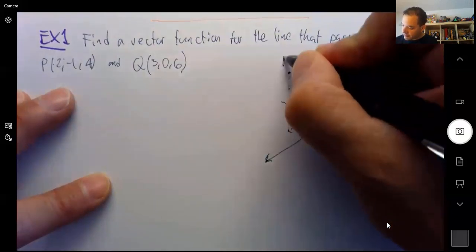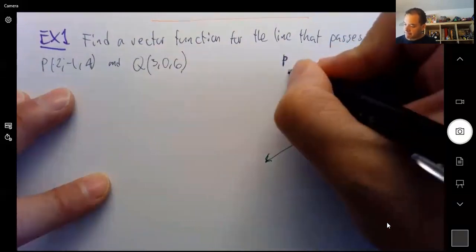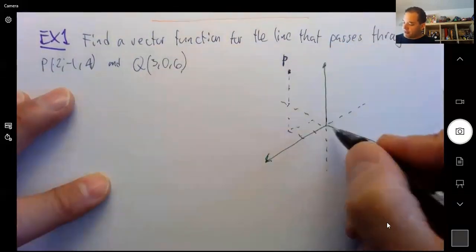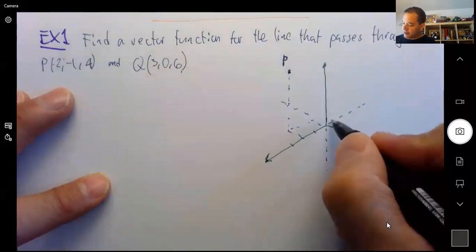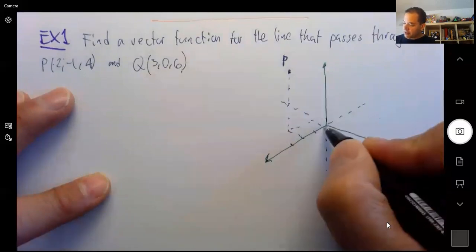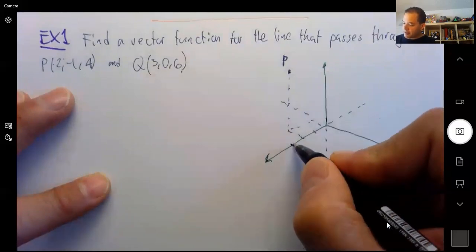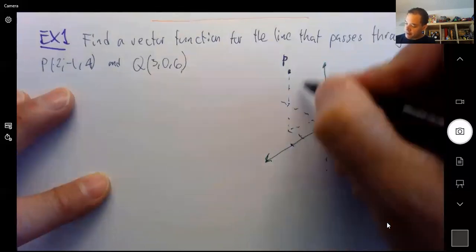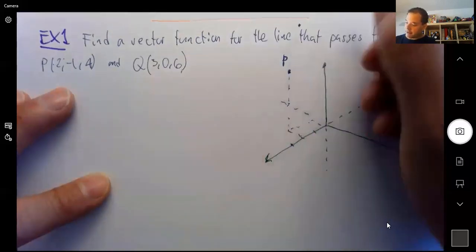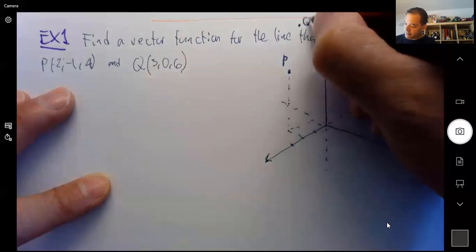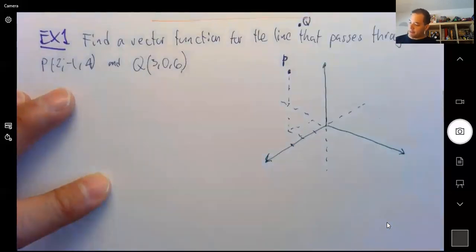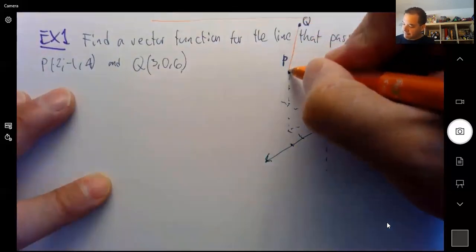So P is over here. Q is 3 units in the X direction, 3 here, 0 in the Y, nothing, and then 6 up. Okay, my picture was not ideal because Q ends up being over here. And the line we want is this one, right?